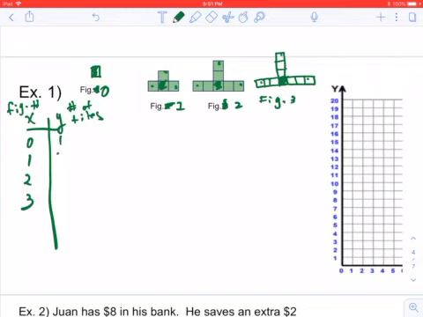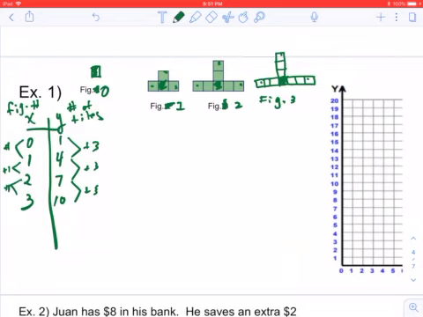Figure 1, we have 4. Figure 2, we have 7. And figure 3, we have 10. So again, you'll notice that each time you were increasing by the same amount, which in this case was plus 3, plus 3, plus 3. Over here, increasing figure number by 1.